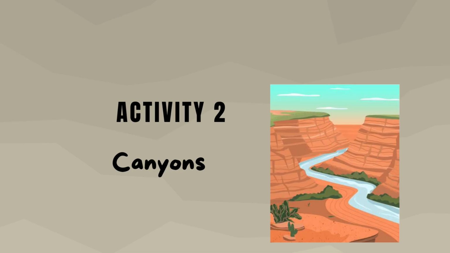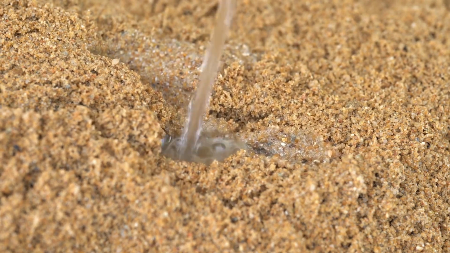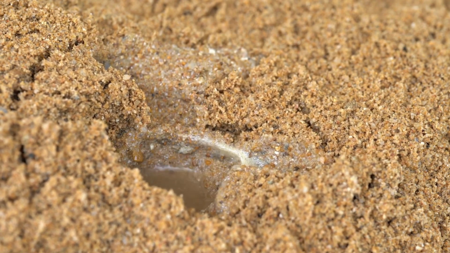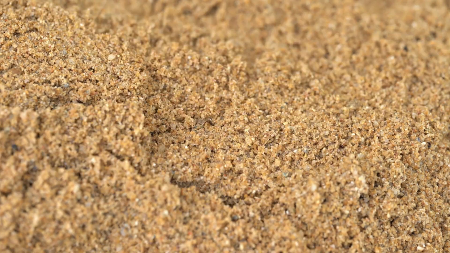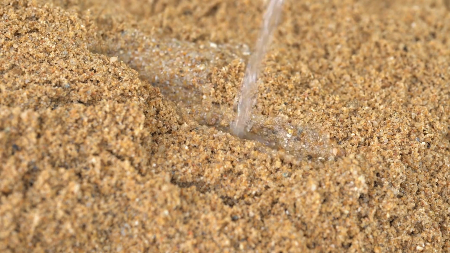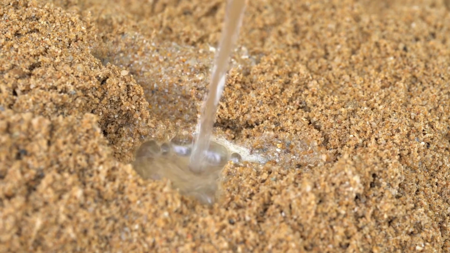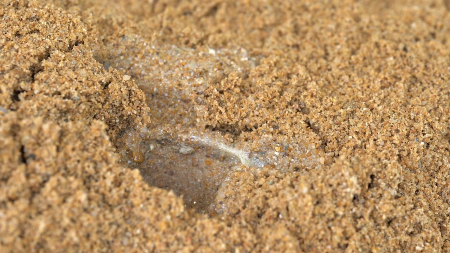Here we reach activity 2, canyons. As you see here, to know how canyons are formed by flowing water, if we pour water on sand, what happens? The water pushes some of the sand out of the way, okay?